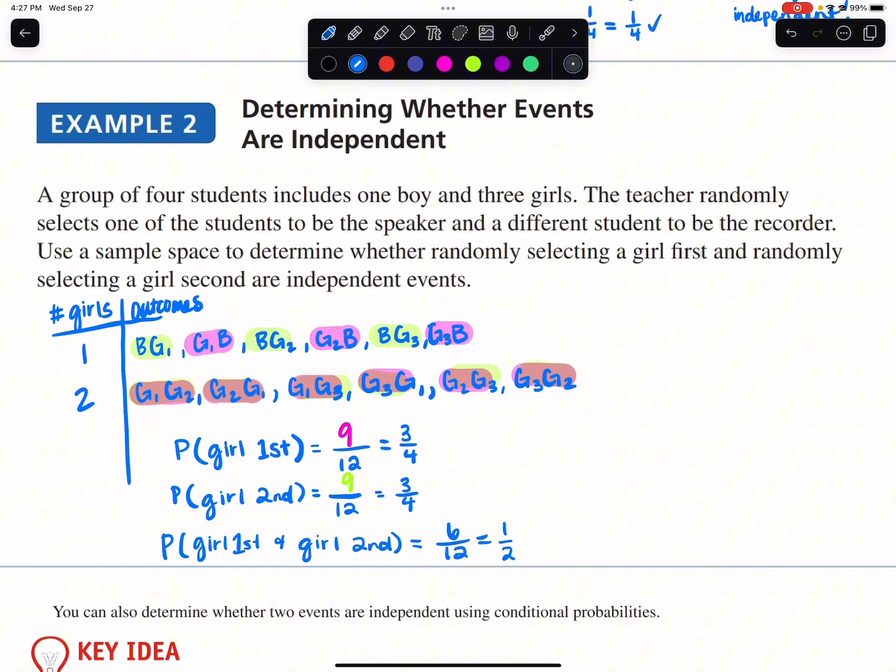And then we want to check and see if I multiply the probability of A times the probability of B, does that equal the probability of both? So 3/4 times 3/4 is 9 over 16. That does not equal 1/2. So no, these events are not independent.